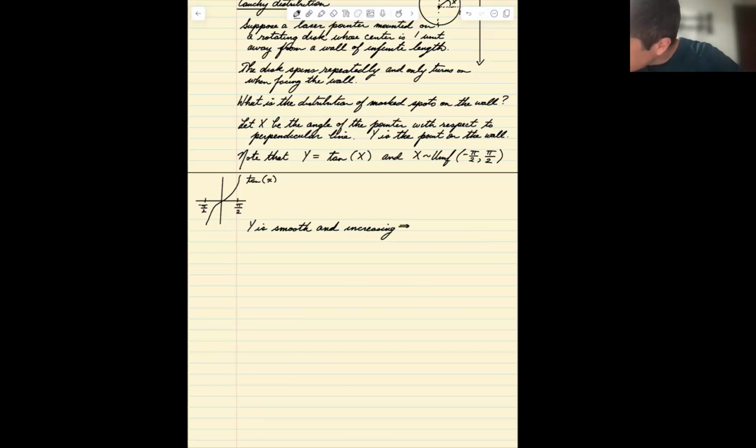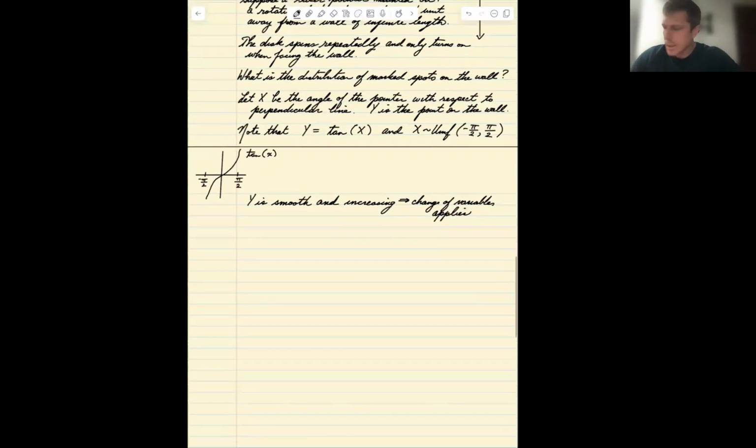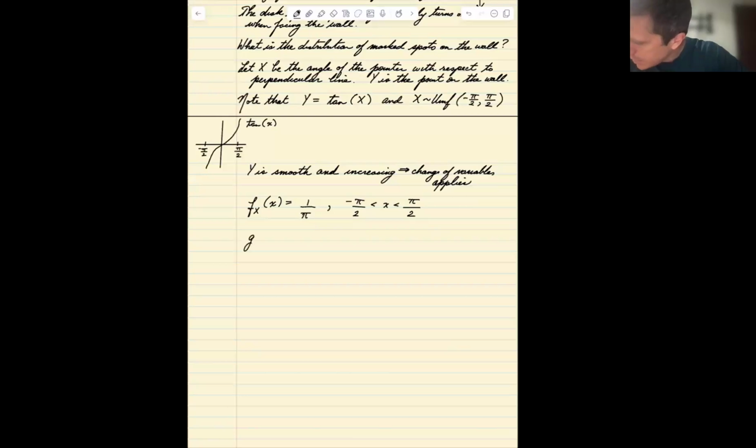So the change of variables formula does apply. The distribution of X is uniform, right? The transformation is tangent.